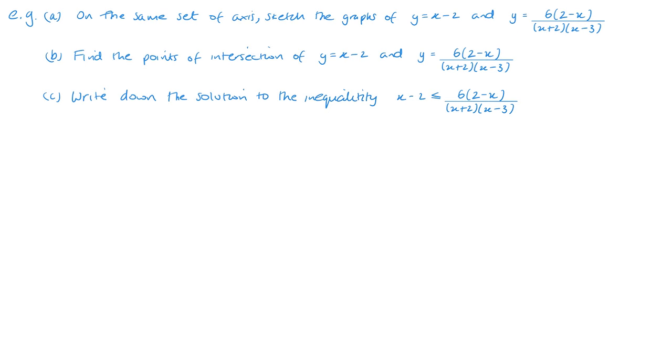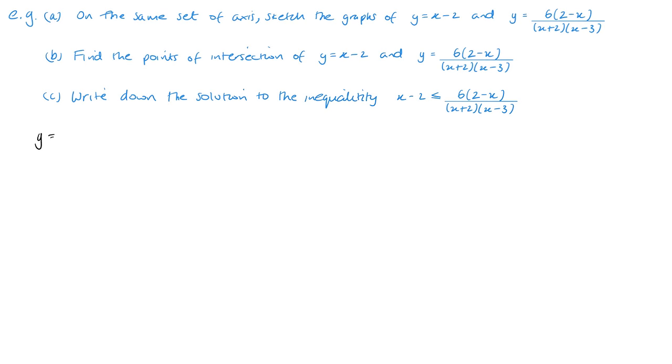But this graph, y equals 6 brackets, 2 minus x over x plus 2, x minus 3, is a bit more challenging to sketch. So let's do the y equals x minus 2 first because that is really easy.